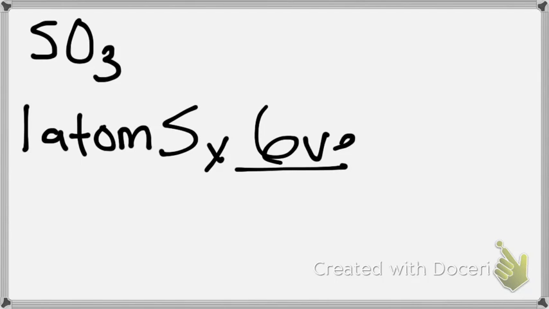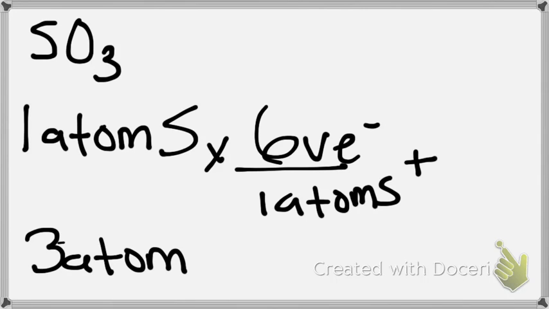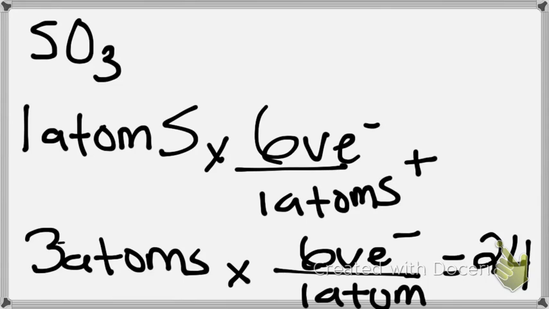Sulfur has 6 valence electrons for every one atom, and we're going to add it to the second one. Now we have 3 atoms of oxygen, and oxygen happens to be in the same group, so we have 6 valence electrons for every one atom. If we do the math here, we should get a total of 24. So when I draw this molecule, I have to show 24 valence electrons.